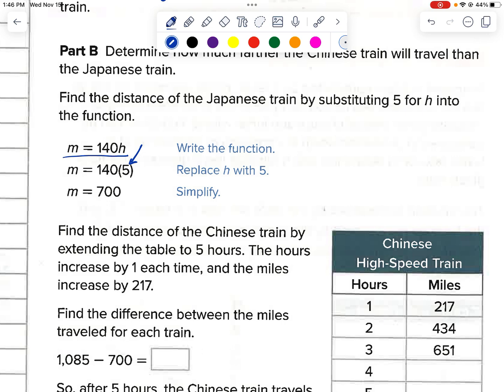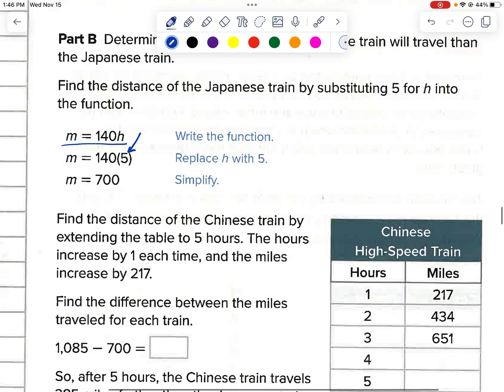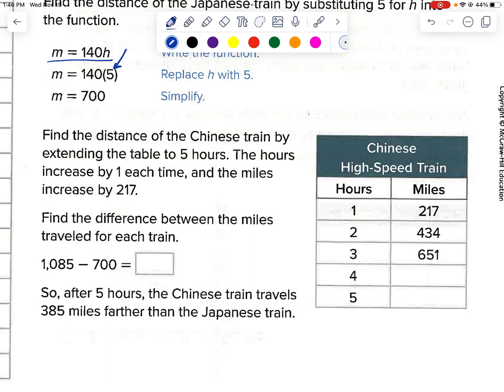Sorry about that. Then if I was doing it for the high-speed train, you could add 217 each time and get 1,085. So here it is for the Chinese train.